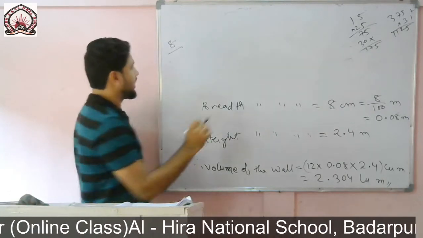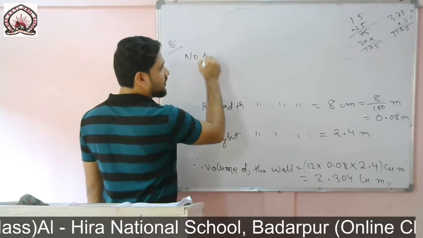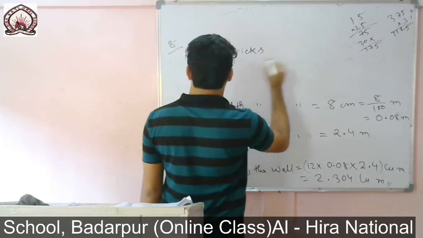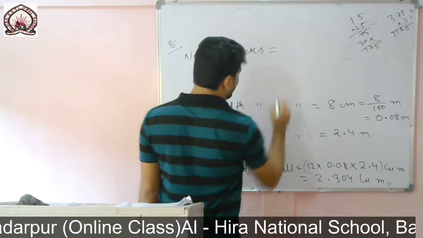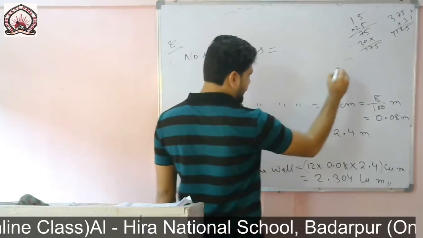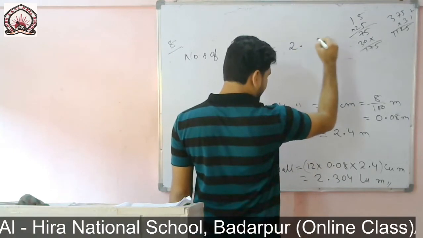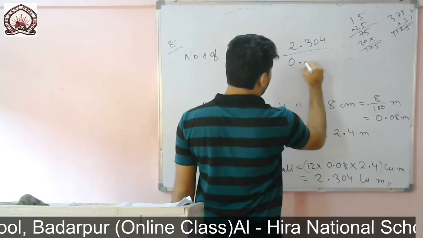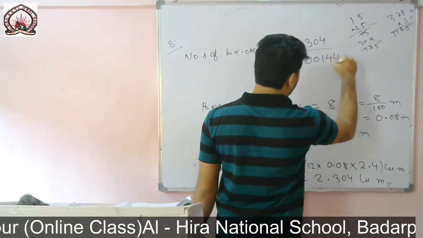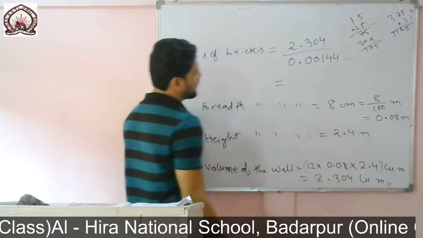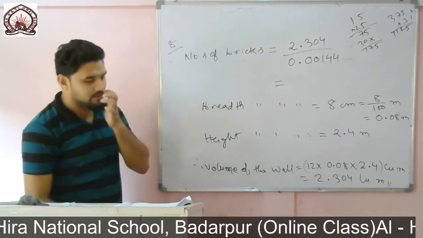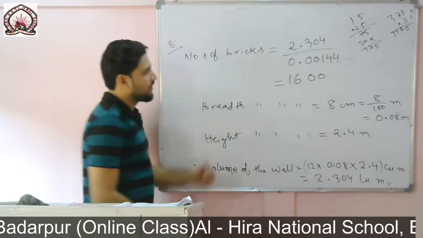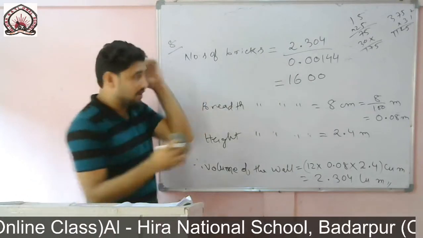Number of bricks equals to 2.304 divided by 0.00144. Okay, if we divide, then you will get 1600. Okay, 1600. So how to divide, you know this one.